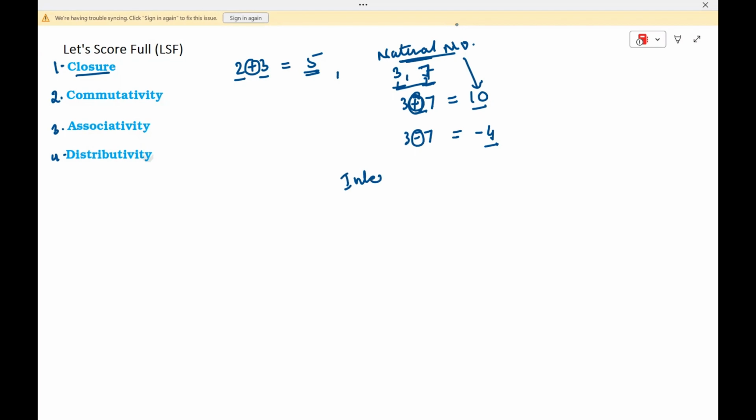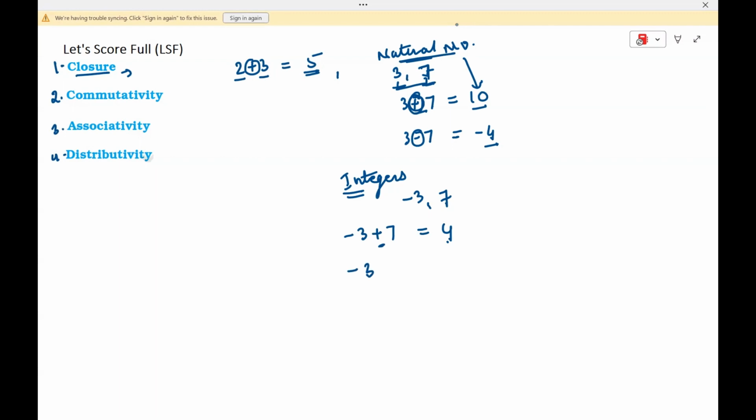Take one more example. If I take integers, and I'm taking two integers, minus 3 and suppose 7. Here, if I add minus 3 plus 7, which is 4, and again 4 is an integer, so I will say integers are closed under addition. Take one more example.